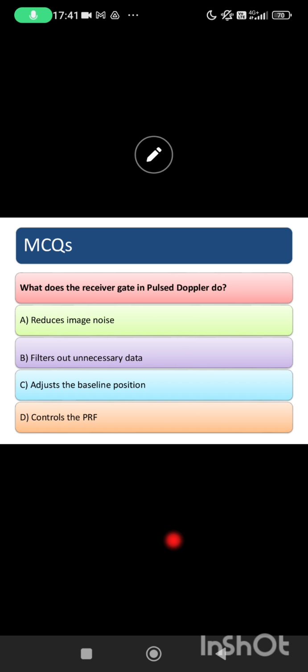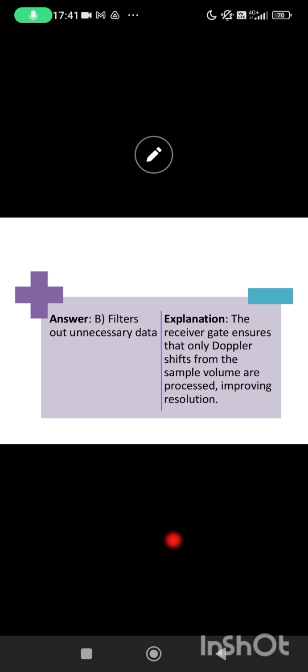Dr. Awadia, what does the receiver gain in pulse Doppler do? Tasween, what do you think about this? Filter out unnecessary data. Exactly, it filters out unnecessary data.